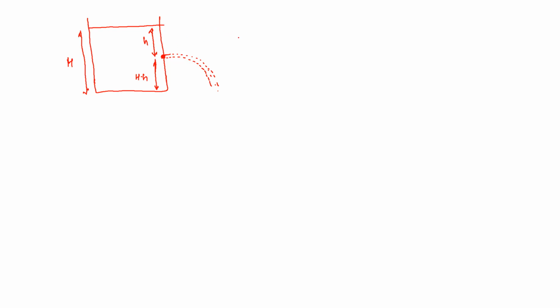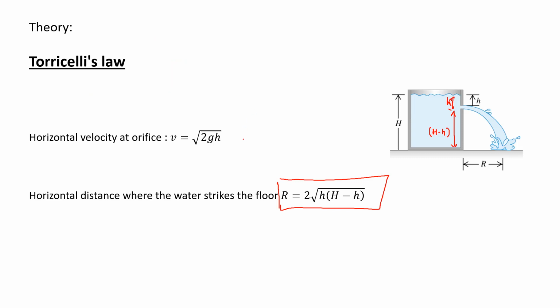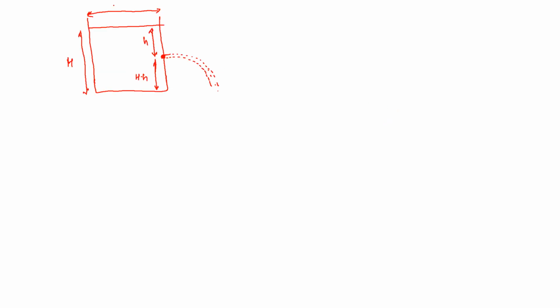So again, you can apply Bernoulli's law first. One thing you need to assume here, before applying Torricelli's law, is that this formula works with some assumptions. Apart from all the assumptions for Bernoulli's principle, which were steady flow, inviscid flow, and incompressible or constant density flow, you also need to assume that this is some area A1 and this orifice has some cross-sectional area A2.